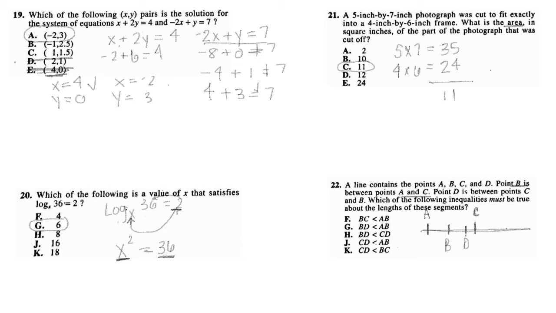So which of the following inequalities must be true about these segments? Let's see. BC is longer than AB. I don't think so.